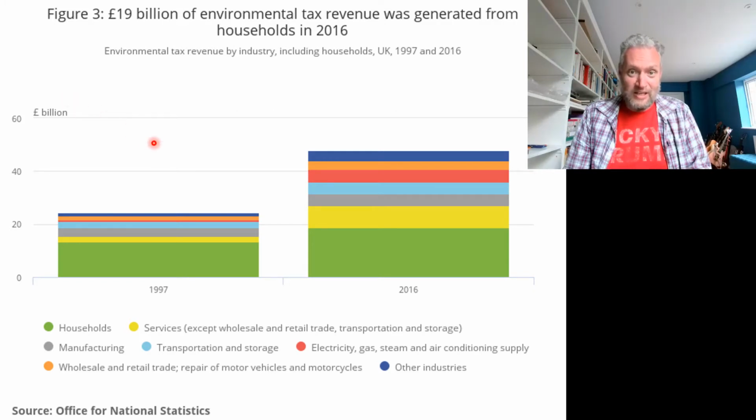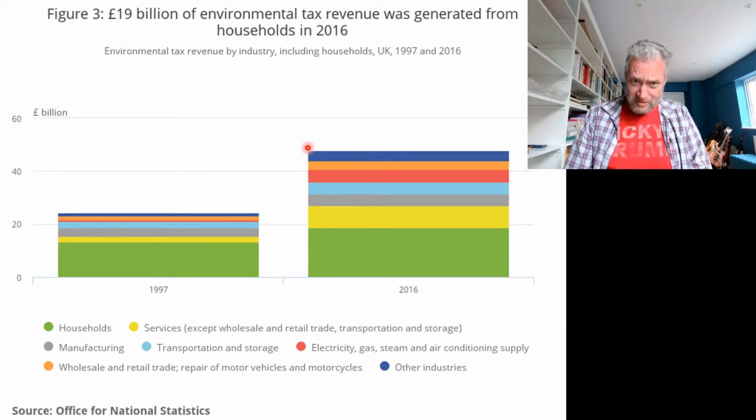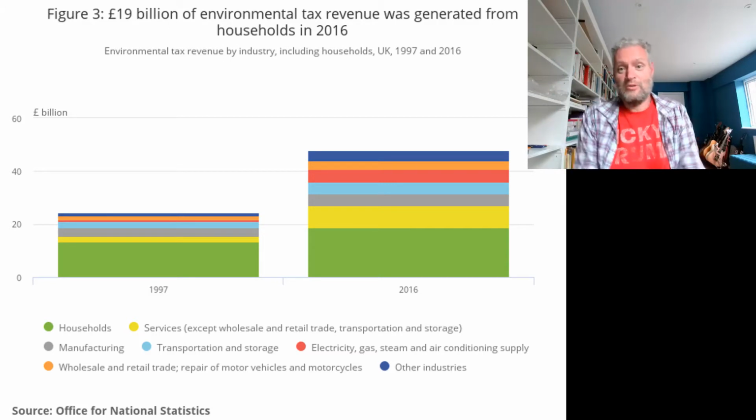And here you're looking at the total environmental tax bill in 1997 and in the year 2016, and the intermediate years and somewhat earlier and somewhat later. This is just a comparison, and this tells you that in 2016 total environmental tax revenue was just shy of 50 billion pounds per year, so that's a sizable sum.